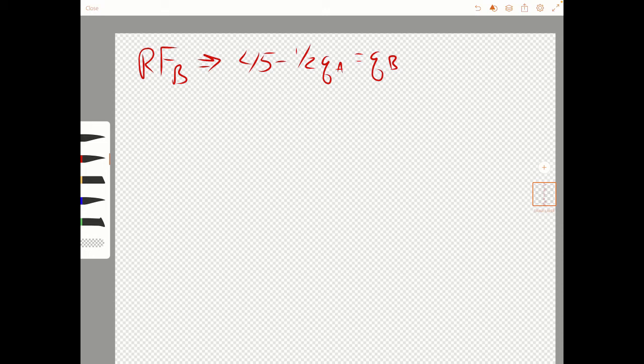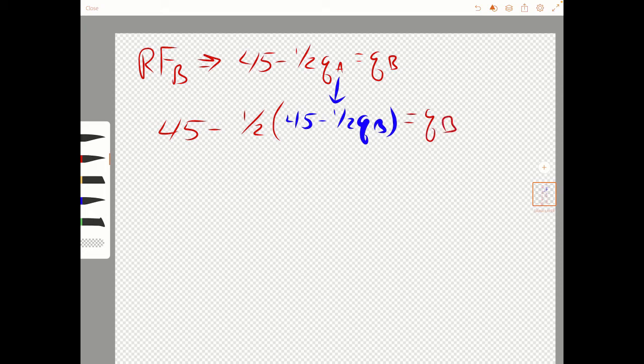So we're going to take the reaction function we just solved for, that value for QA, and substitute it into this reaction function. So we'll have 45 minus 1/2 times (45 minus 1/2 QB), that's the value of QA, and we'll set that equal to QB.